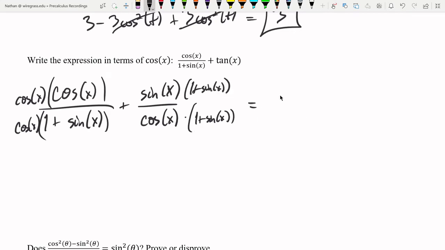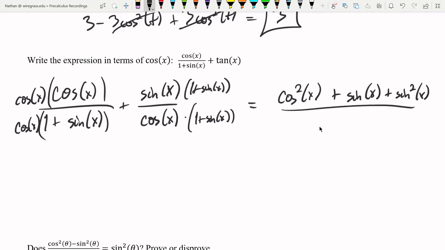That's going to give me cosine squared on the left-hand side plus sine x plus sine squared x all over, I'm going to leave it as cosine x times 1 plus sine x.